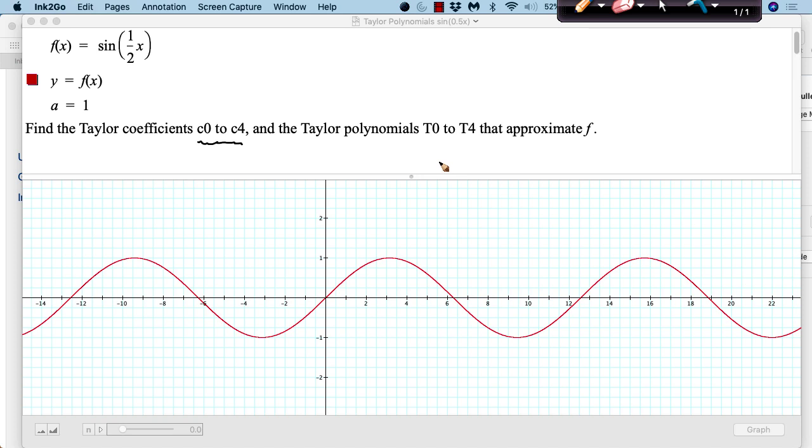And then find the Taylor polynomials T0 through T4. So T4 will have all the terms up to and including the fourth degree, right? So this is a 4th degree polynomial. It'll have all the lower degree terms as well.